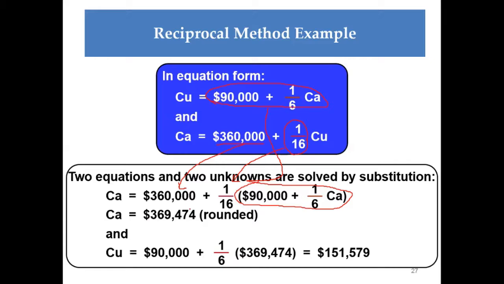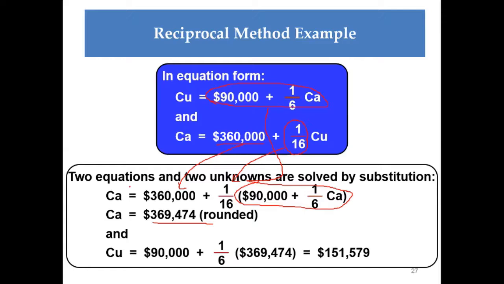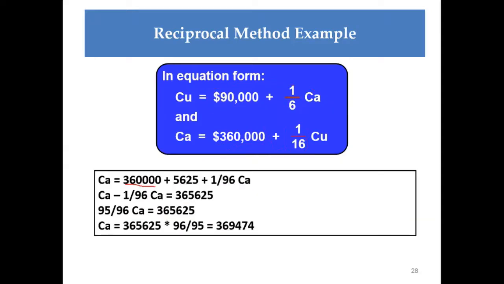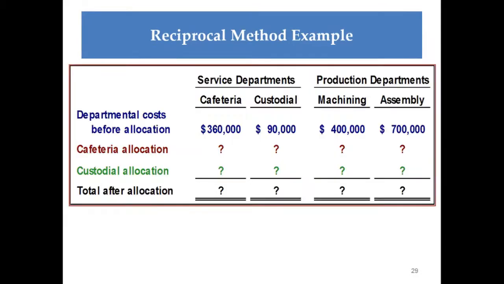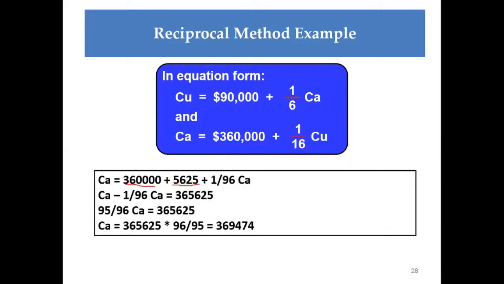The result of this equation is 369,474. This is rounded. How can we reach that? We have CA equals 360,000 plus 1 by 16 multiplied by 90,000, which is 5,625, plus 1 by 16 multiplied by 1 by 6 CA, which is 1 by 96 CA.